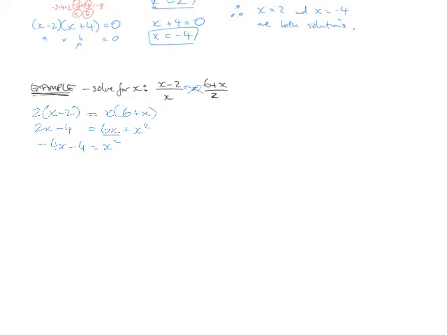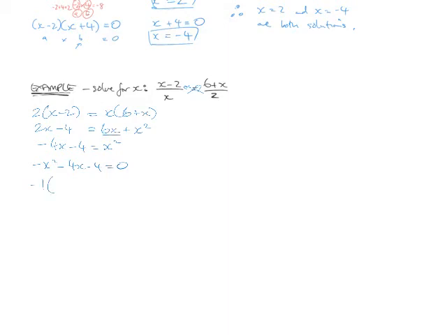Opposite of positive x squared is taking x squared. So negative x squared, take 4x, take 4 is equal to 0. Now it's not very good to have it as negatives. I can remove the negative factor, the factor of negative 1 here.